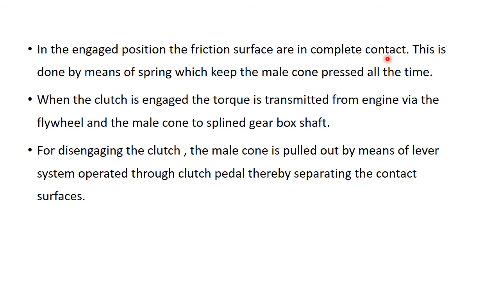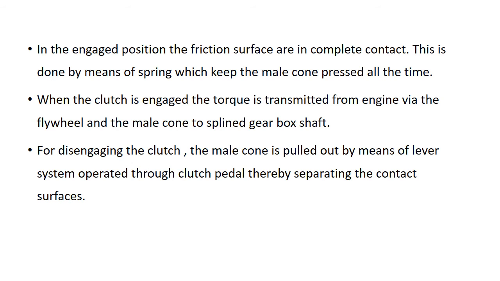During engagement, both male and female cones come into completely contact position. This is done by means of a spring that is compressed towards the female cone, which keeps the male cone pressed all the time.